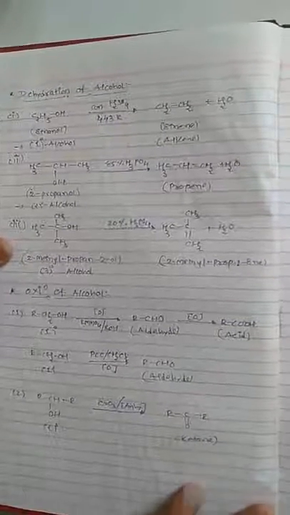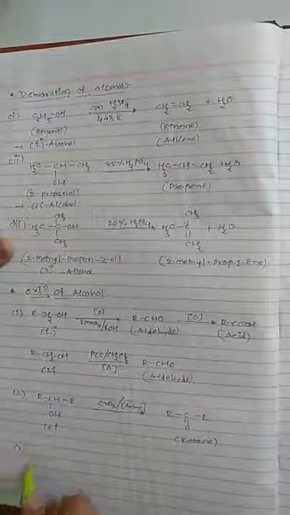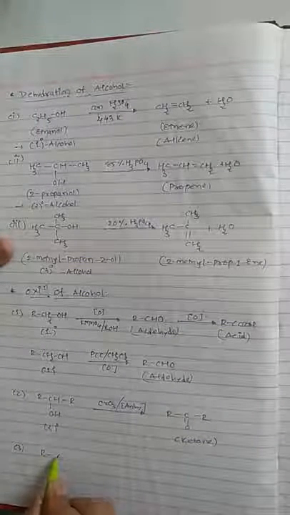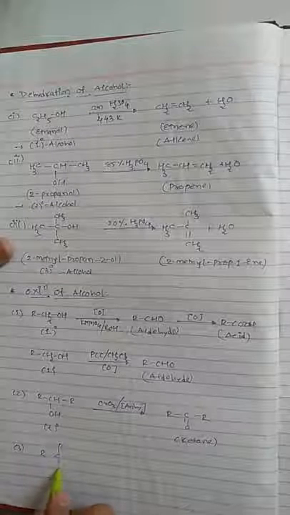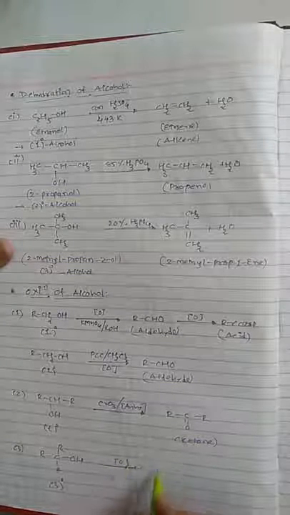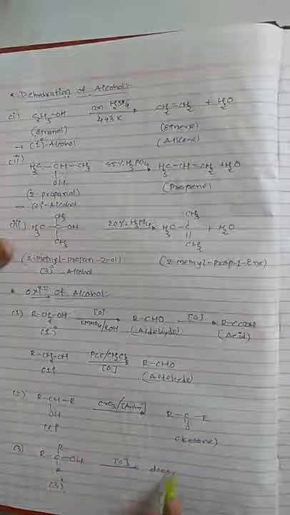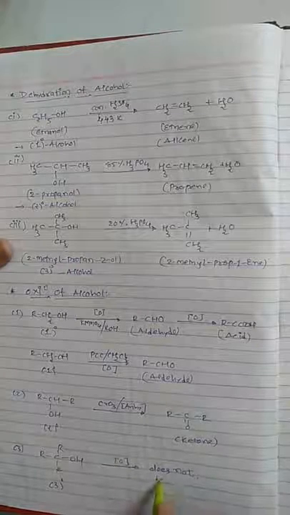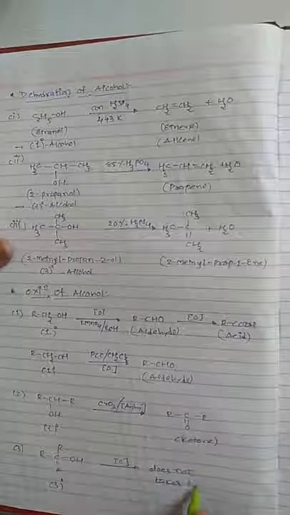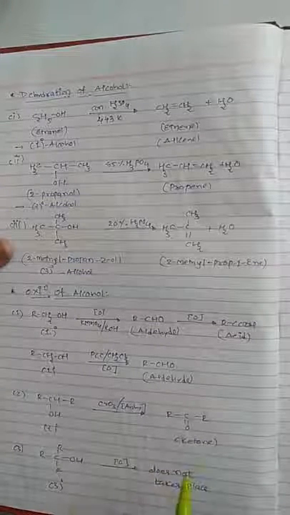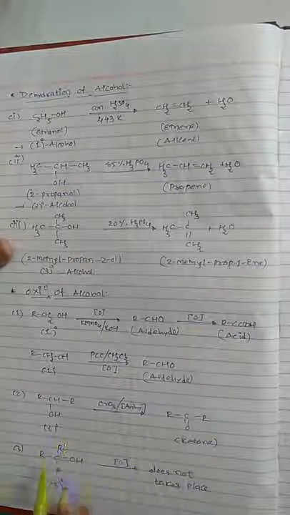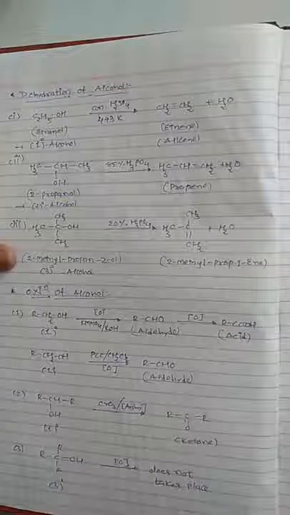But for tertiary alcohol, it is R3COH. This is all about tertiary alcohol. The oxidation reaction does not take place. The question should arise in our mind: why does the reaction not take place? Look at the structure of tertiary alcohol.